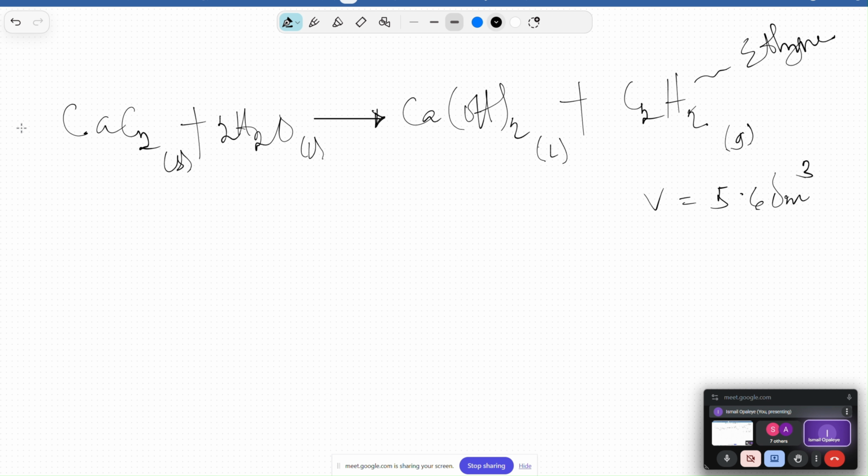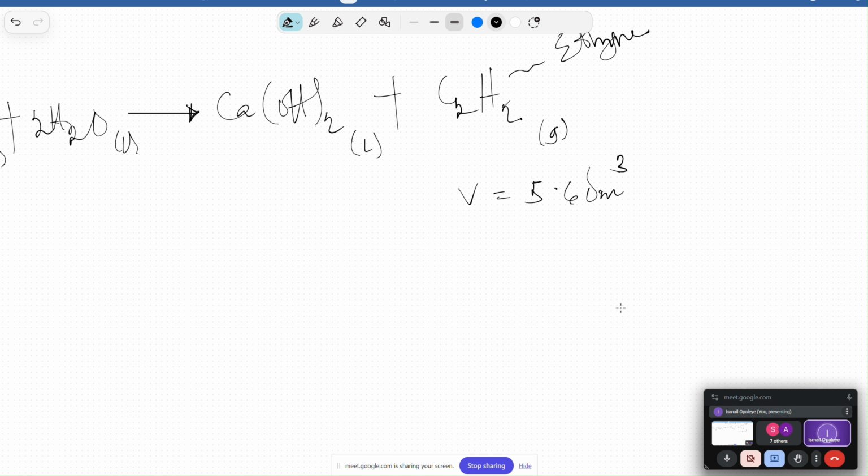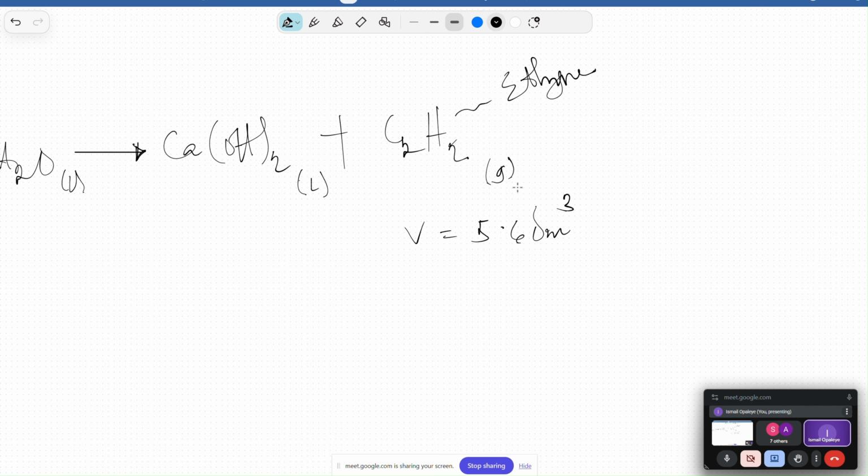Alright, so you want to do the mole to mole relationship. Since you're given a value for this one, that is 5.6 dm cube, you find a way of converting it to moles, and then you relate it back to this one. Now let's calculate the moles of ethyne that is being produced. Remember, whenever you're dealing with gas, the question says at STP.